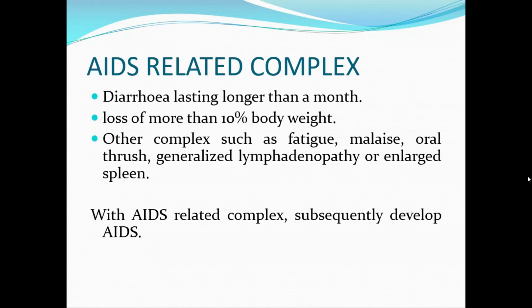So diarrhea, loss of weight, and fever are the major ones. And the other complaints are fatigue, malaise, oral thrush, generalized lymphadenopathy, and enlarged spleen. So they are the AIDS-related complex.